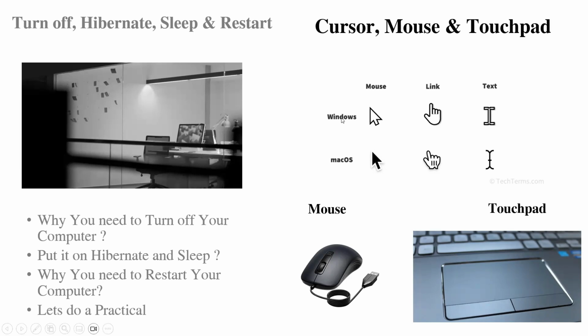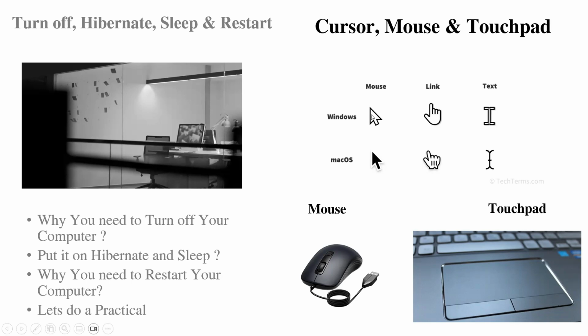This is for Windows and this is for Mac OS. I've told you we have different operating systems: Windows, Mac OS, Ubuntu and others. So these are the different types of mouse, and as we go, I will keep showing you how the mouse and cursor work in a computer.